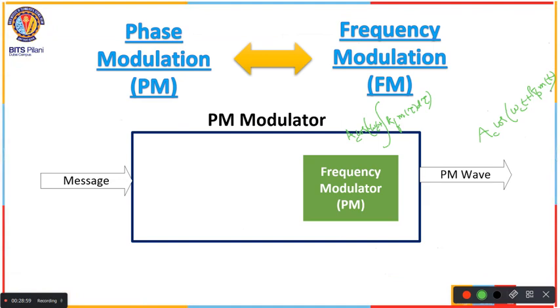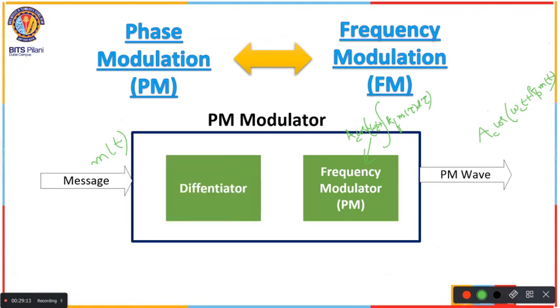Now given is this one, a message signal m of t. To get this, I need to differentiate this m of t first. So I get d by dt of m of t, and that is given as the input here.